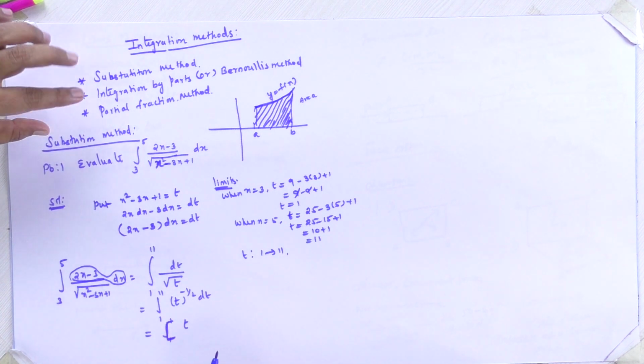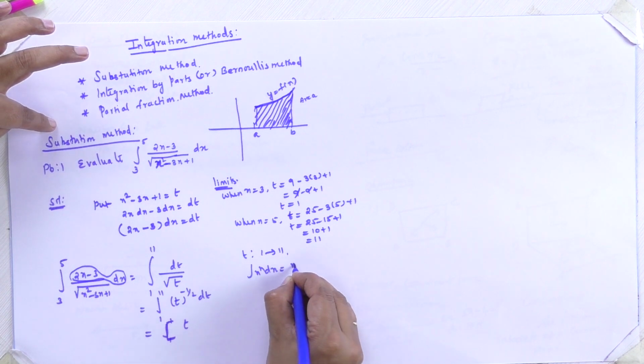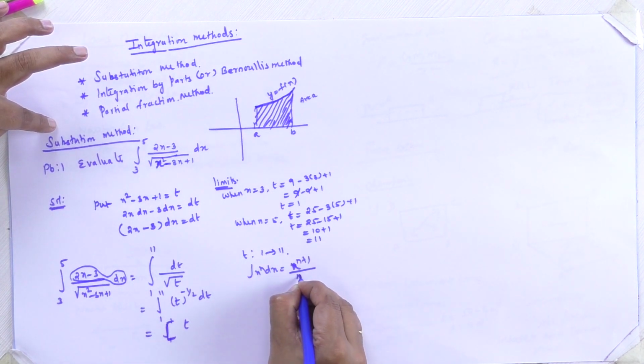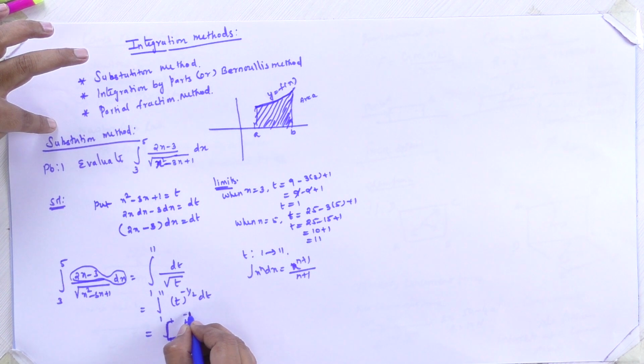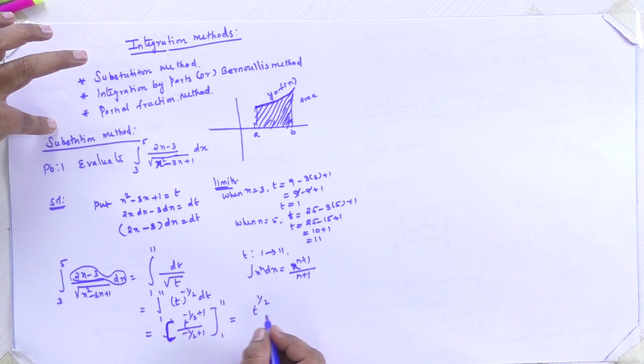According to the formula, integral x power n into dx equals x power n plus 1 divided by n plus 1. So it becomes t power minus 1 by 2 plus 1 divided by minus 1 by 2 plus 1, with the limits from 1 to 11. So this is equal to t power 1 by 2, because minus 1 by 2 plus 1 becomes plus 1 by 2, divided by 1 by 2.